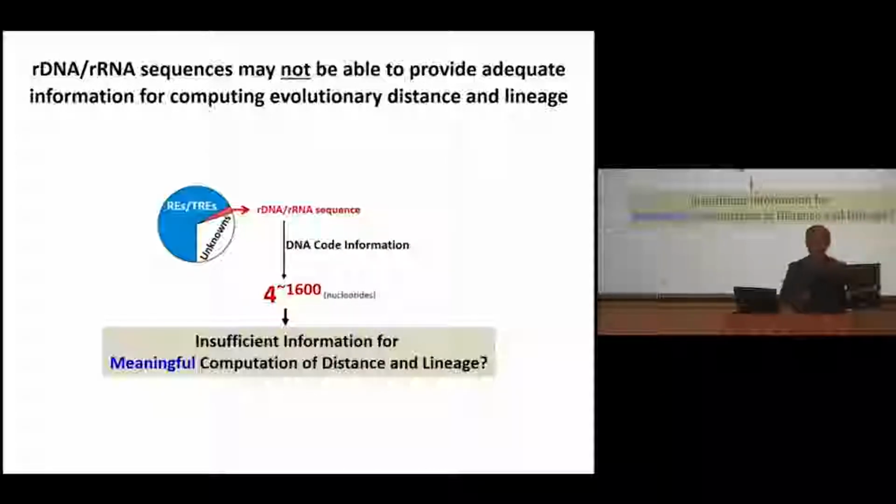So again, if I go back to the ribosomal RNA sequence-based classification and evolution, when ribosomal RNA sequence cannot provide precise classification or cannot explain how the evolution between mouse and human can occur, then we can say that maybe the ribosomal RNA sequence is not sufficient for meaningful computation of distance and lineage among different species.